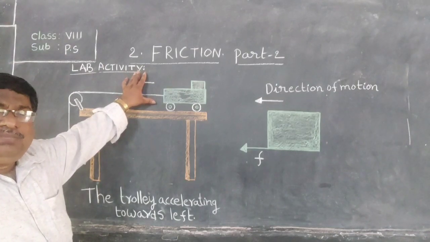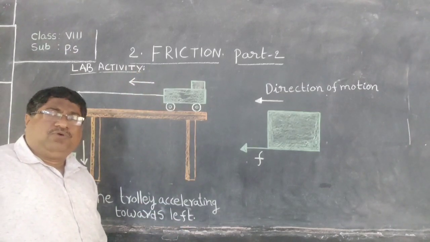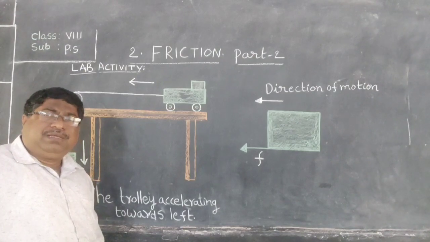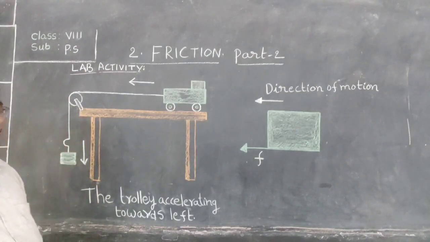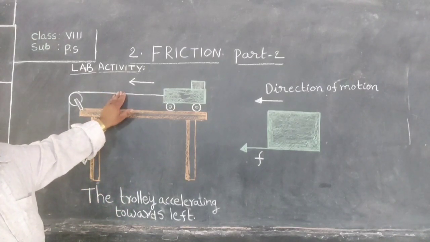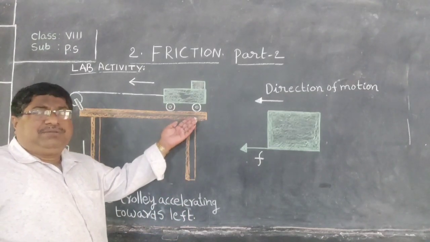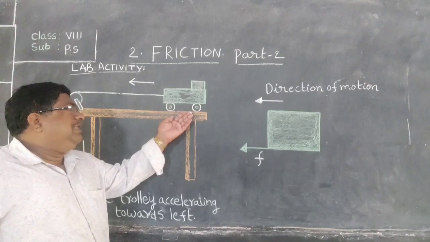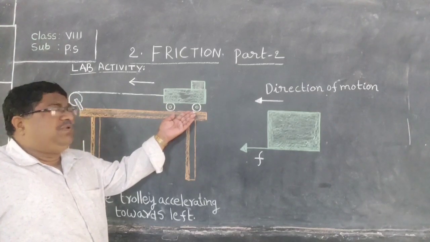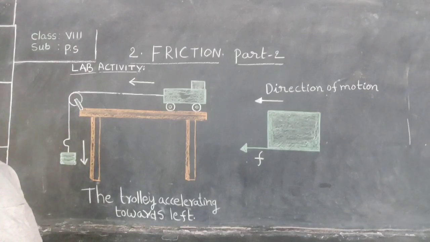Whenever activities come, at that time we have to write the aim and the materials required. Now the aim: to understand the nature of friction and to study the concept of static friction.